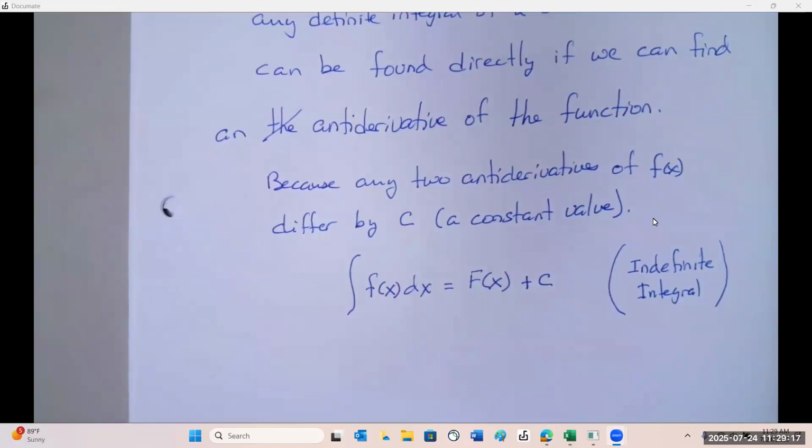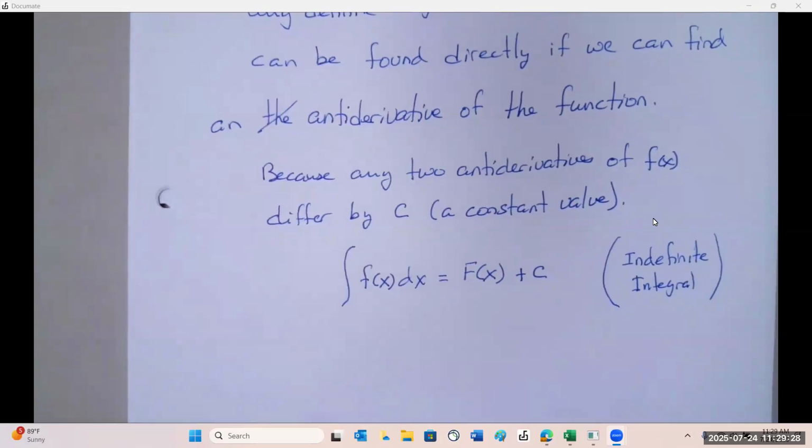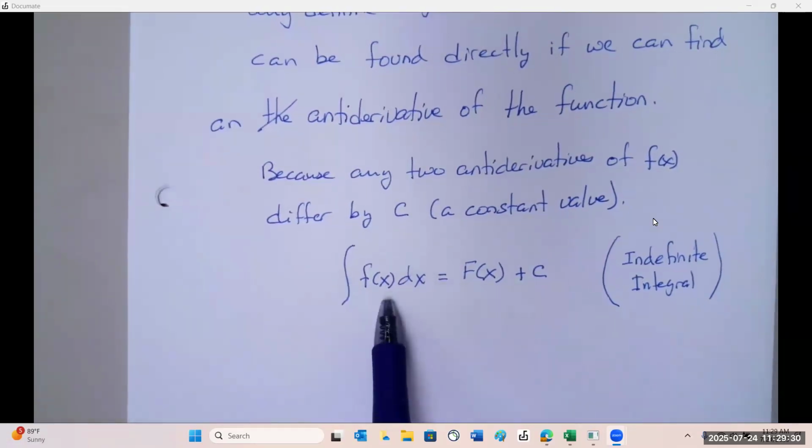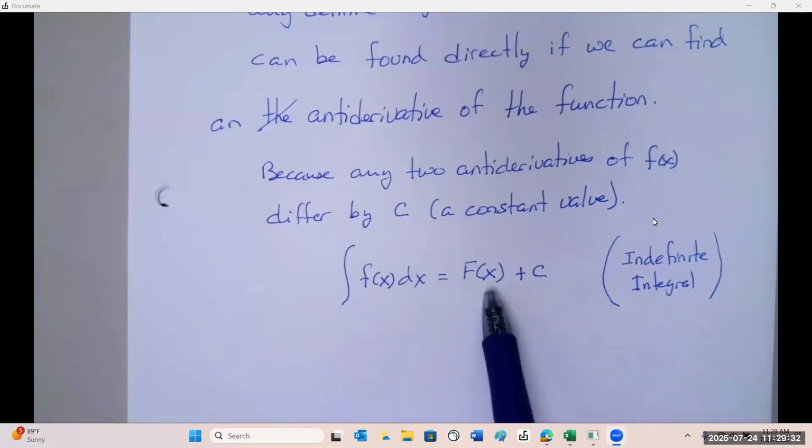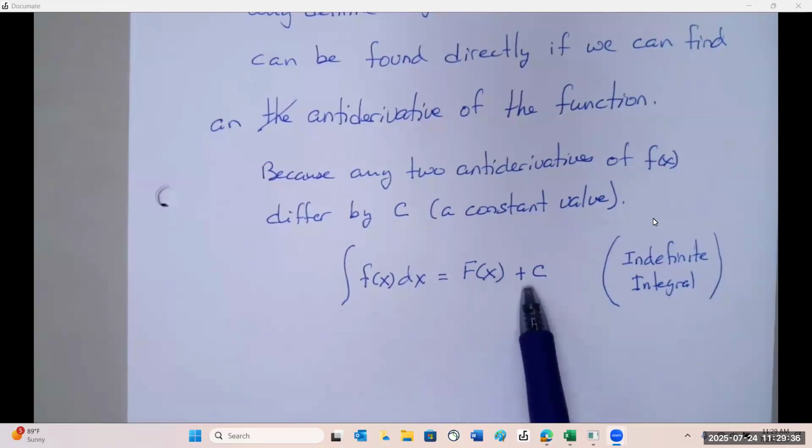Sine minus, so it's sine plus or minus some constant. So there are an infinite number of different possibilities we can have here. So that's what's happening here: whenever we take the integral of a function, it equals the original function plus some constant.